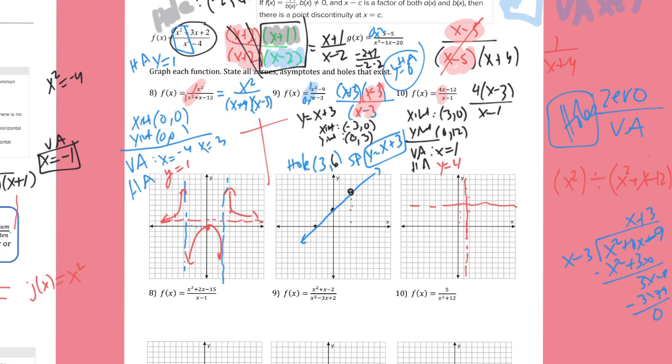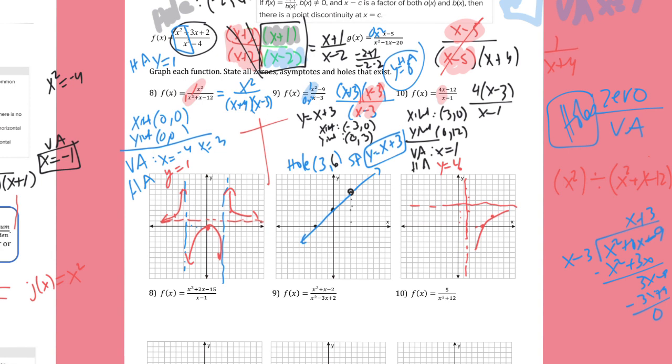If you get out your graphing calculator and do a table, again I would do the numerator in parentheses divided by the denominator. Don't use the fraction key, so your answers are in decimal form. You could plug this in with your brain too: 0 is 12, 3 is 0, 5 is 2.